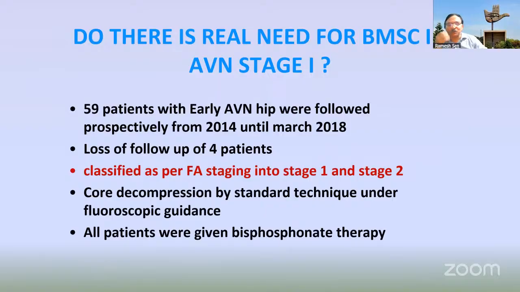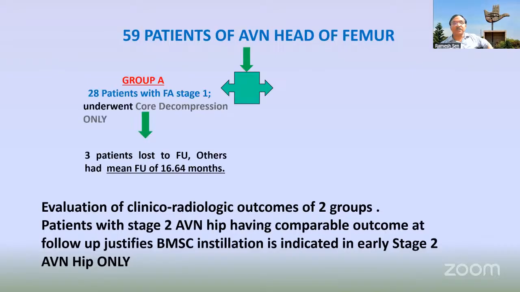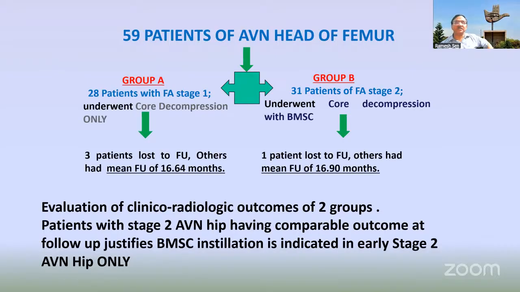But then there was a question in my mind: when there is stage 1, when there is edema, do we really need BMAC at that stage? So I started doing a study on that. I divided my patients into group A, where there was edema and we only did core decompression, and another group of patients where we did bone marrow stem cells, to find out the difference.